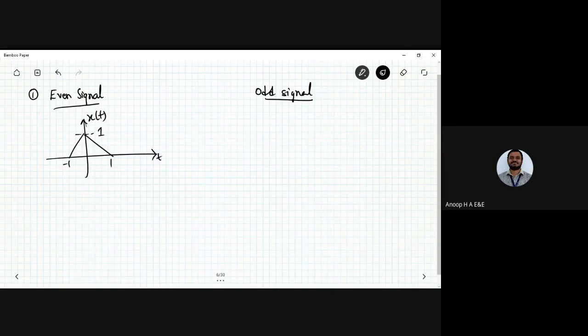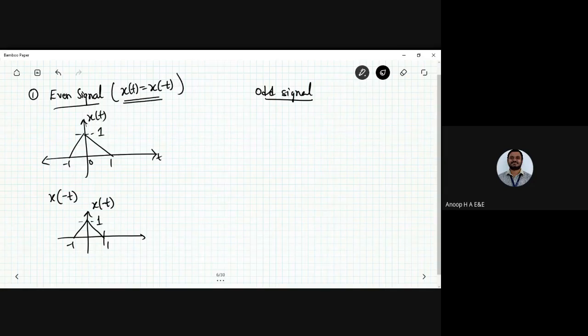So this is minus 1 and 1 generally. And for an even signal, if you replace t with minus t, so x of minus t, that will also have a similar sort of signal there, that is 1. So x of minus t is there. So what you can observe here is x of t is equal to x of minus t.